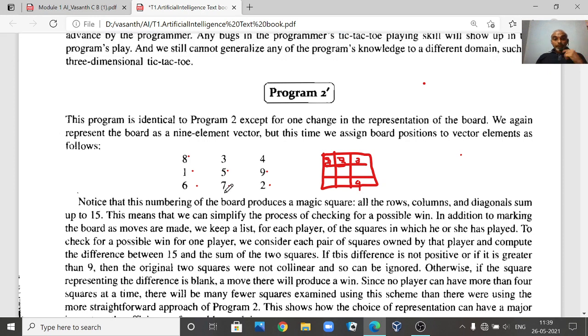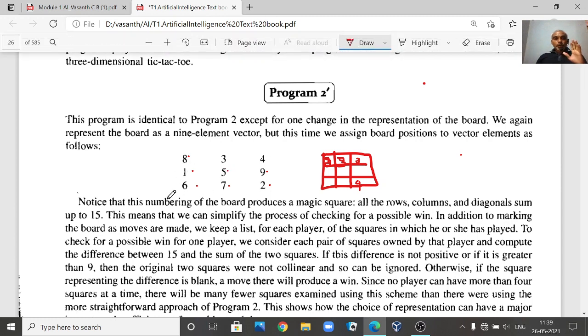Why are we changing the numbering of the board positions? So that when you take any line diagonally, vertically or horizontally, look at the number you get. When you look properly at this numbering and find the sum, for example of the first row, what total do you get? 8 plus 3 is 11, plus 4 is 15.